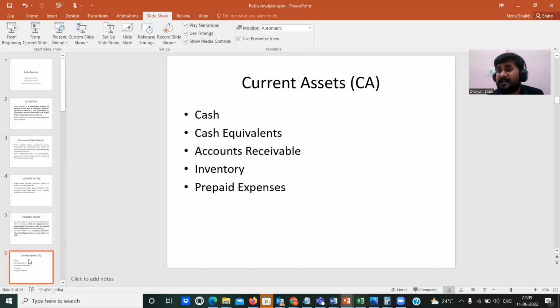Prepaid expenses. The best example is prepaid insurance. Now I will give you a very clear example. On 11th of June, today, suppose this is my closing year end, I paid 3 years of health insurance expense in advance. What is my current asset?